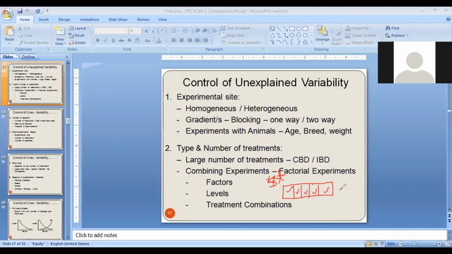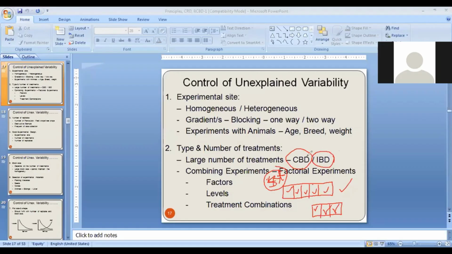If I can accommodate all the treatments, it is called a complete block design. Suppose I don't have enough space to accommodate all 5 treatments. I have space only to accommodate 3 treatments, maybe 1, 2, 3. So treatments 4 and 5, I cannot accommodate in the same block. Therefore, it is called an incomplete block design.